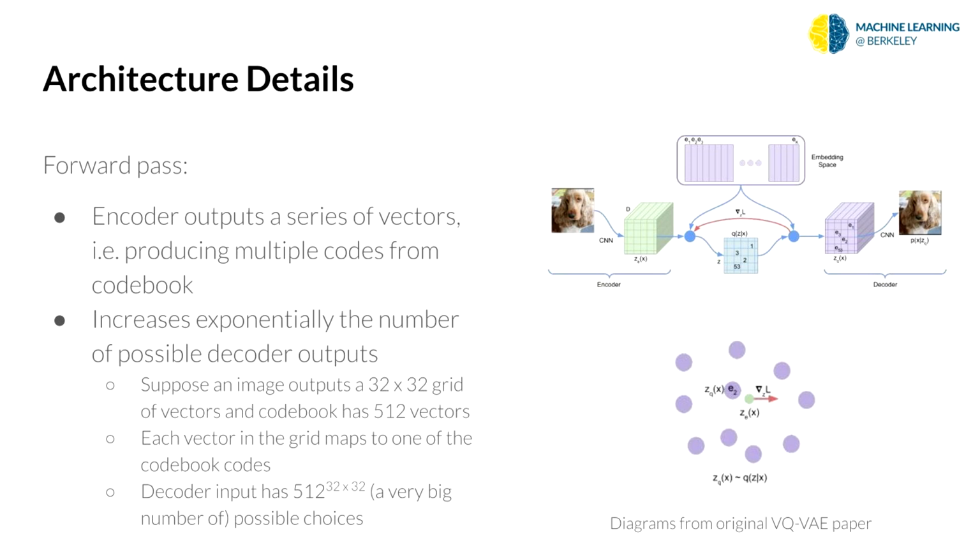That's in contrast to if the image only outputted a 32 by 1 vector. Does that make sense? So in the very bottom bullet, in the original VAE setup, it would have only had 512 to the 32nd power of choices, which is significantly less than 512 to the 32 by 32. So that's the reason we need to use a series of vectors.